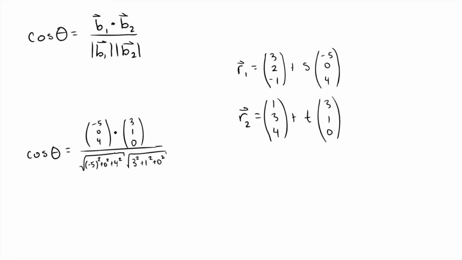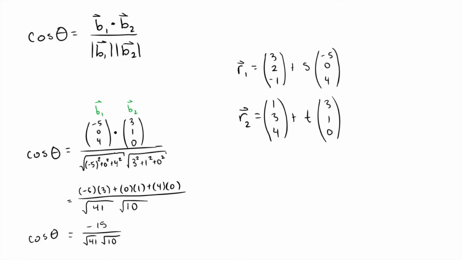So I'll take the information from those direction vectors. You can see here I have vector b1, and this is vector b2. On the top, I'm finding the dot product of those two vectors, and in the bottom of this fraction, I am determining their magnitudes. So I have the magnitudes of both vectors now. The magnitude of the first vector is root 41, and the magnitude of the second vector is root 10.